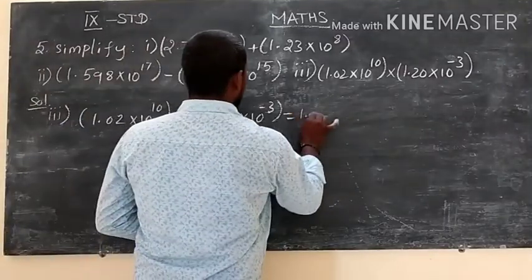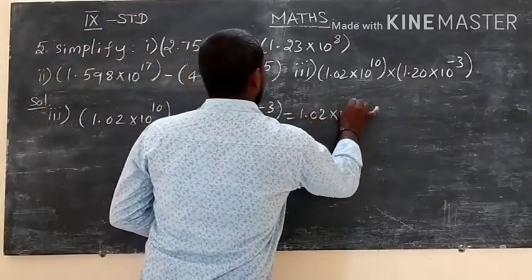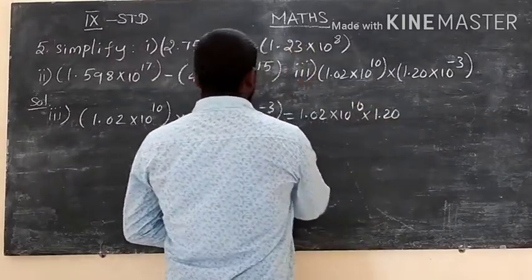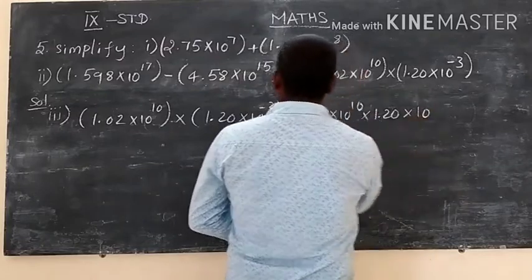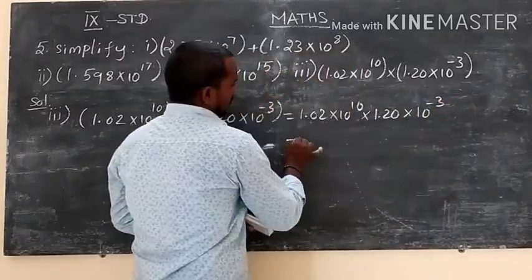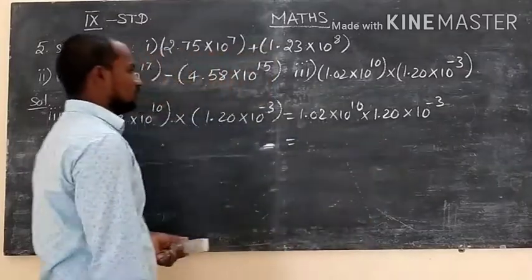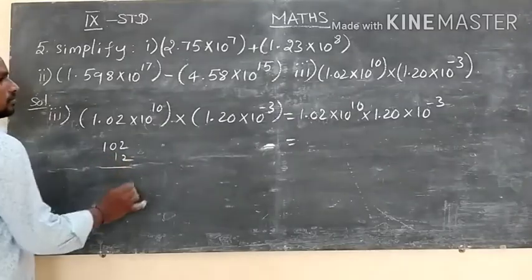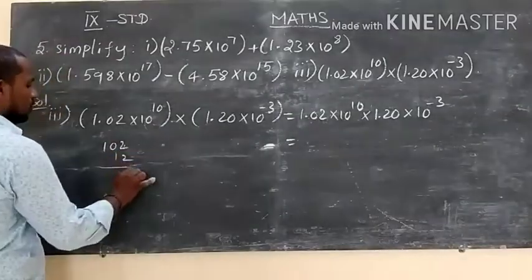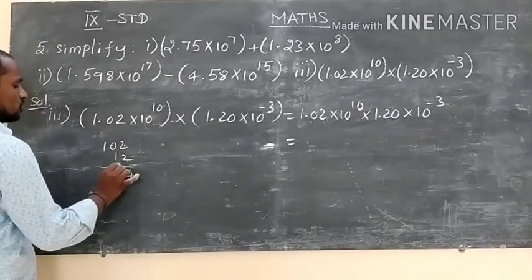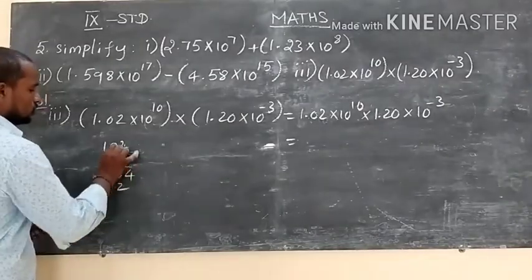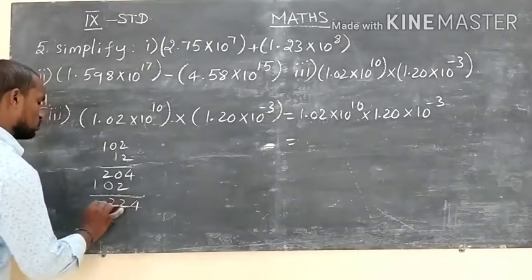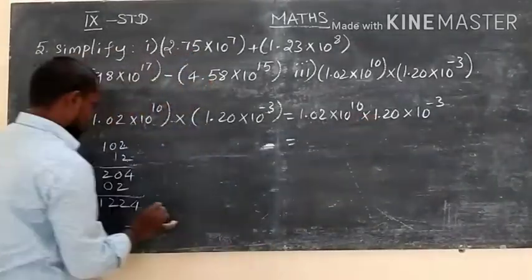Multiplying these two numbers, 102 and 12: 2 2s are 4, 0 2s are 0, 1 2s are 2. Then 1 2s are 2, 0, and 1 1s are 1. So 4 2 2 1.